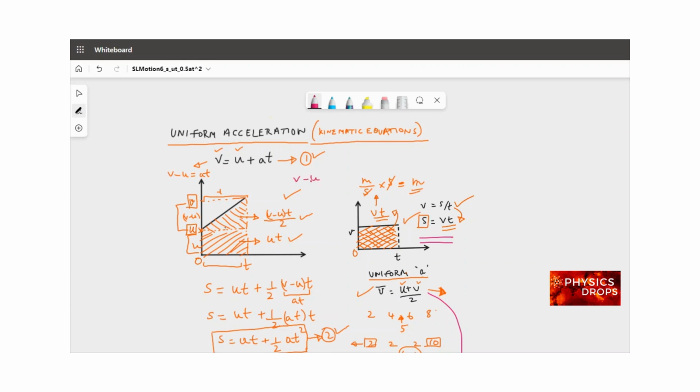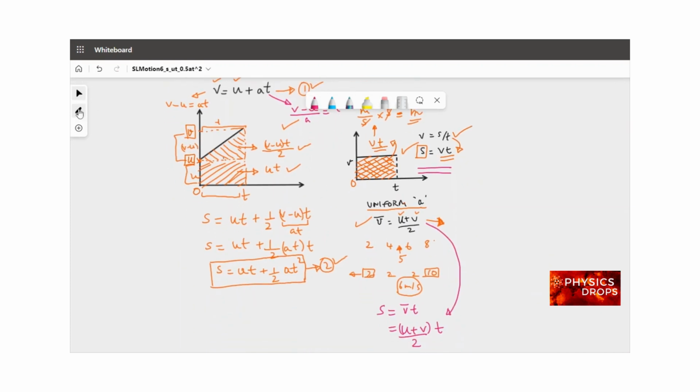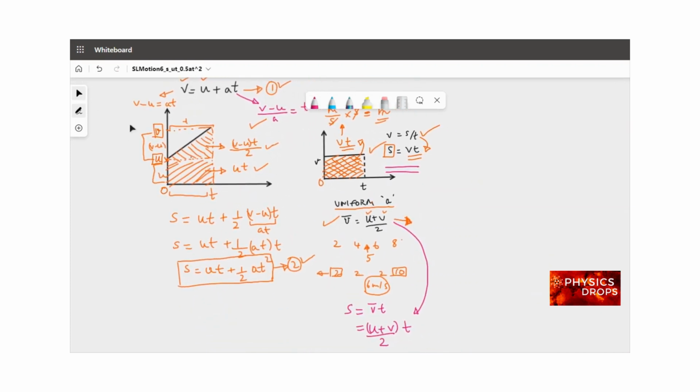I'm just rearranging this: taking u to the left hand side, it becomes v minus u, and that divided by a gives you t. So let's substitute this value of t here and see what happens.